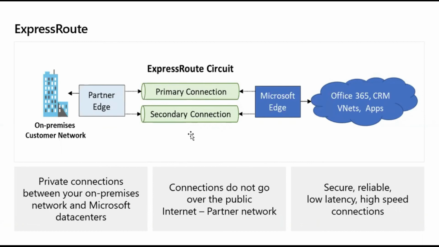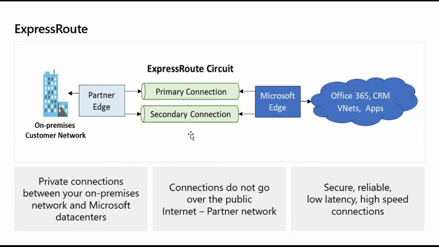So it's mostly available in the metropolitan areas. For example, if you have an office in Sydney or Melbourne CBD, and you want to have a connection from your office to Microsoft Azure Cloud.